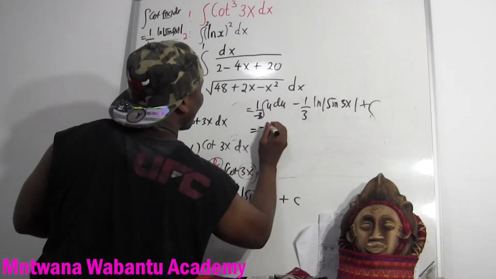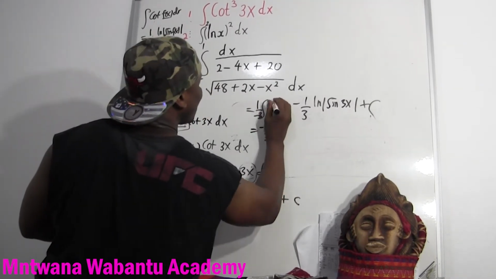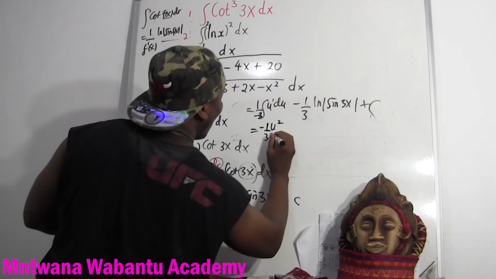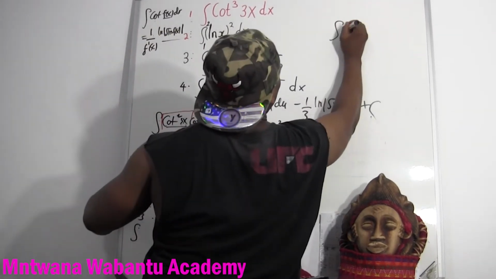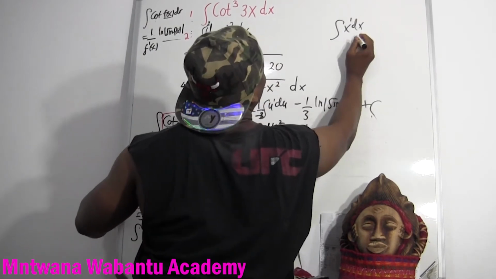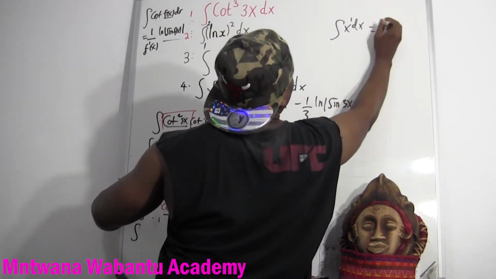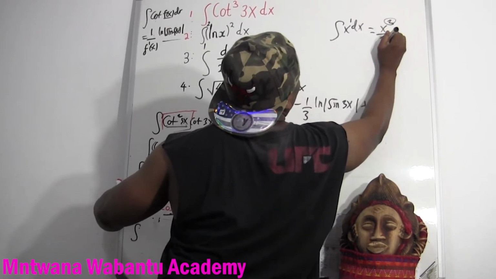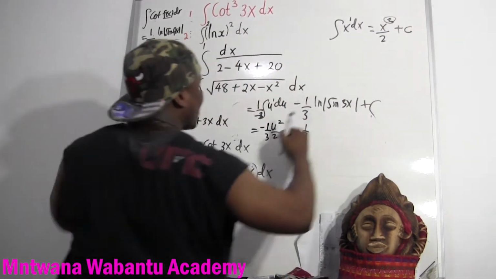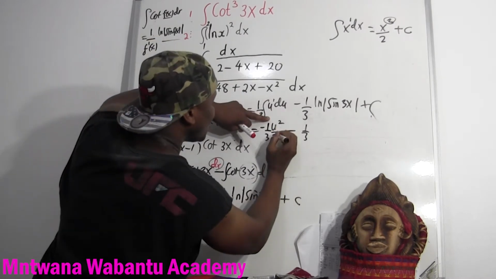Now this is negative 1 over 3. When you integrate u, remember this is power 1, so it's going to be u square over 2. That's the power rule of integration. If somebody gives you the integral of x dx, this means power 1, so you take the power, add 1, it's 1 plus 1 equals 2, over the same thing underneath, plus a constant. So power 1 means u square over 2.